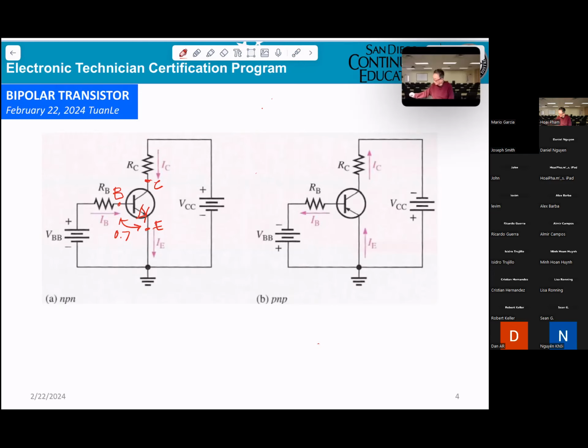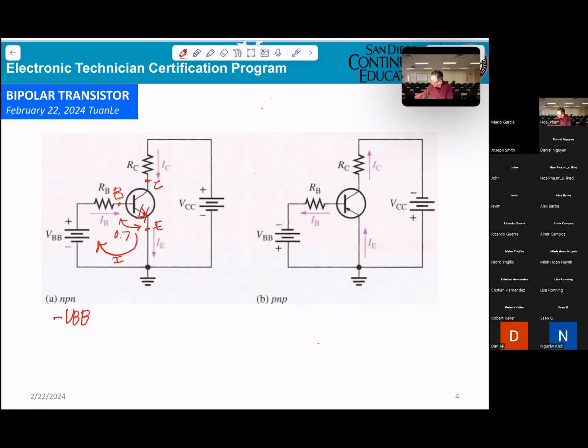If you want to do the calculation, I'll show you. You draw the loop for the current I. First thing, when you hit the negative VBB, you get minus VBB.